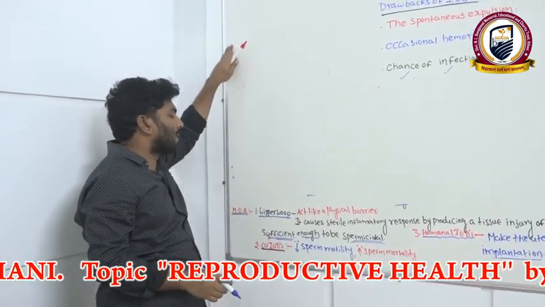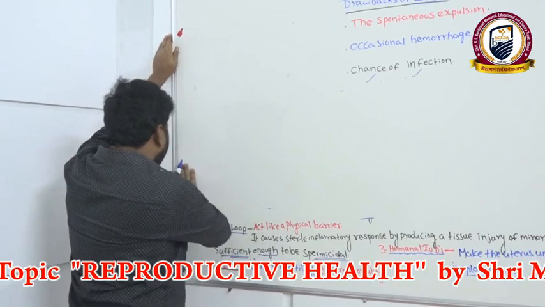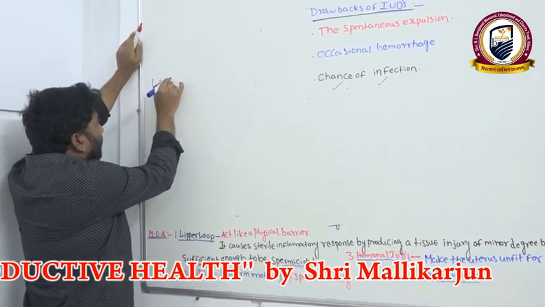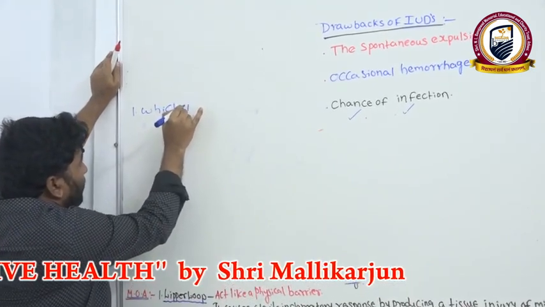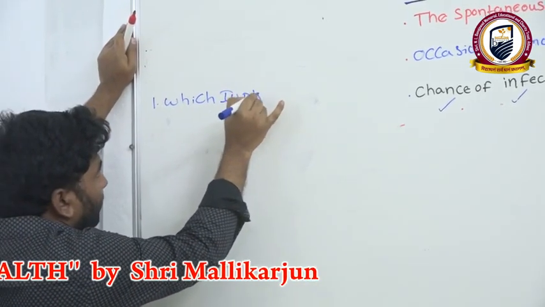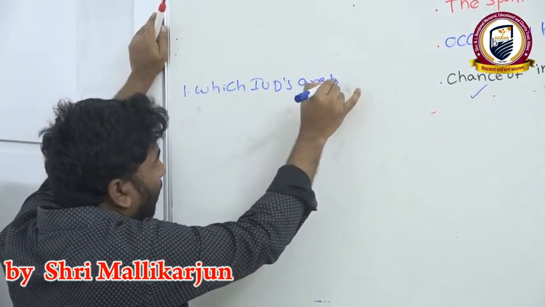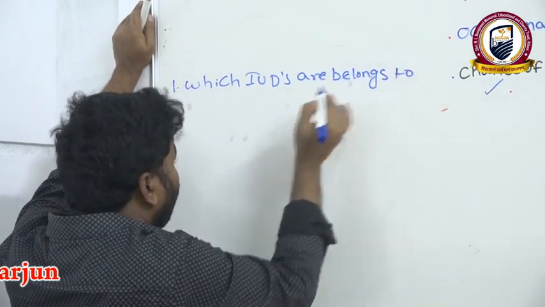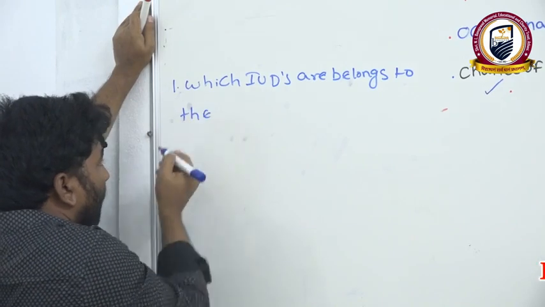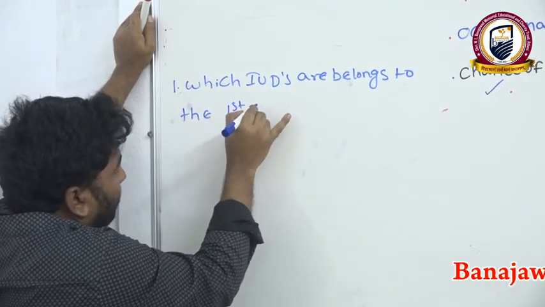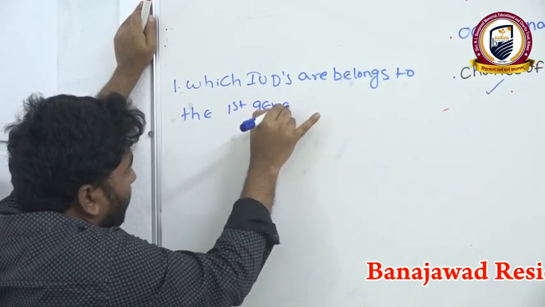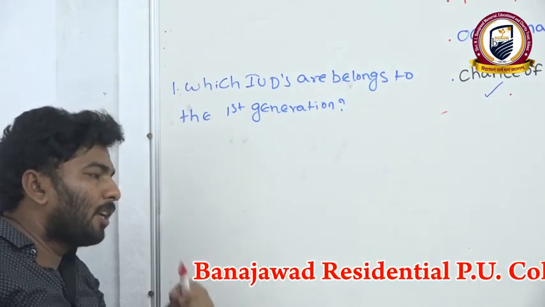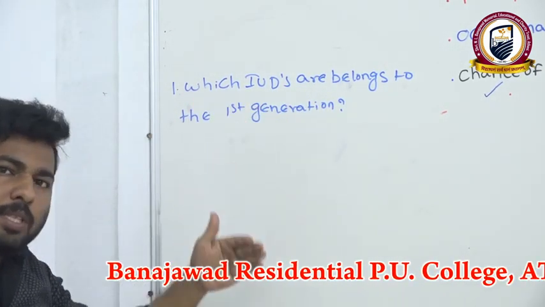Sometimes in the entrance they are asking regarding IUDs only, for example, which IUDs belong to the first generation among those 3 types?